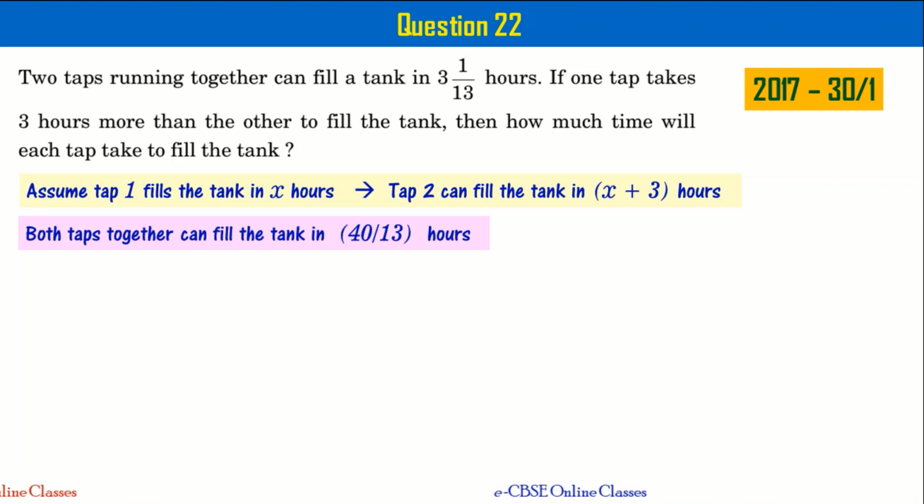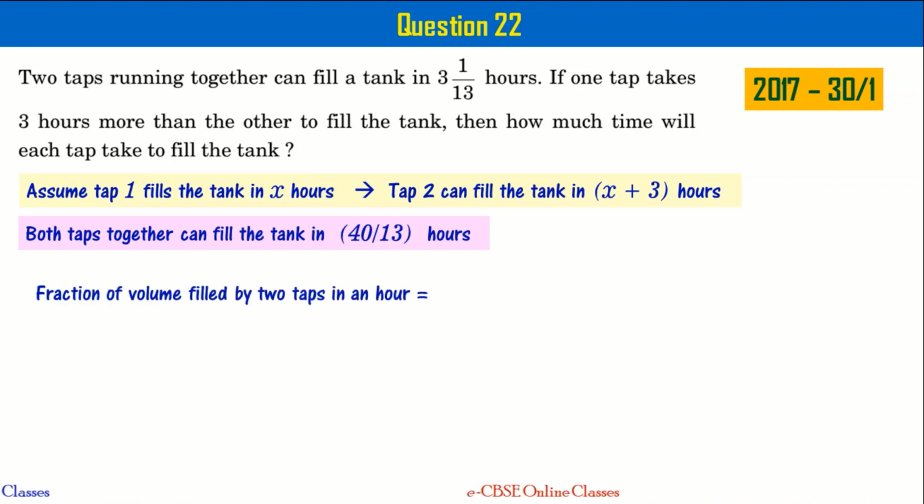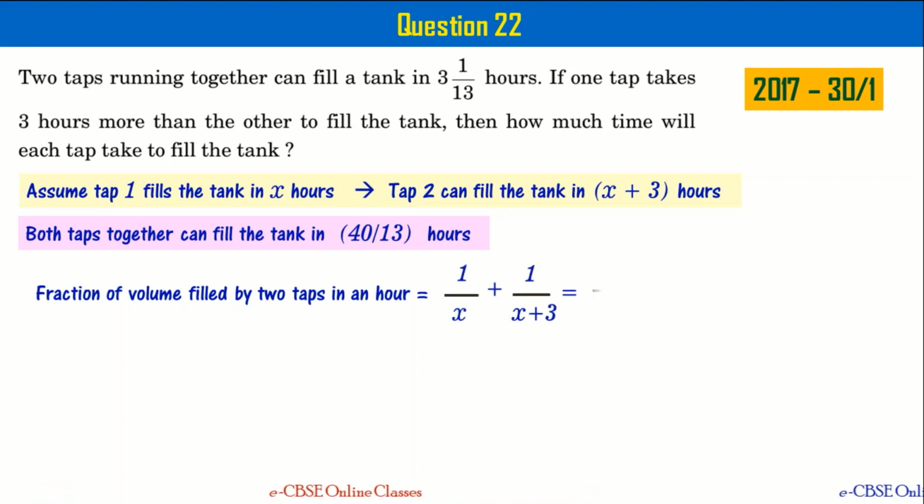It means when both the taps are allowed to fill, in 1 hour, they can finish a portion that is equal to 13/40. Please take a note of that. Fraction of volume filled by the two taps in 1 hour is equal to 13/40. That is equal to 1/x plus 1/(x plus 3).